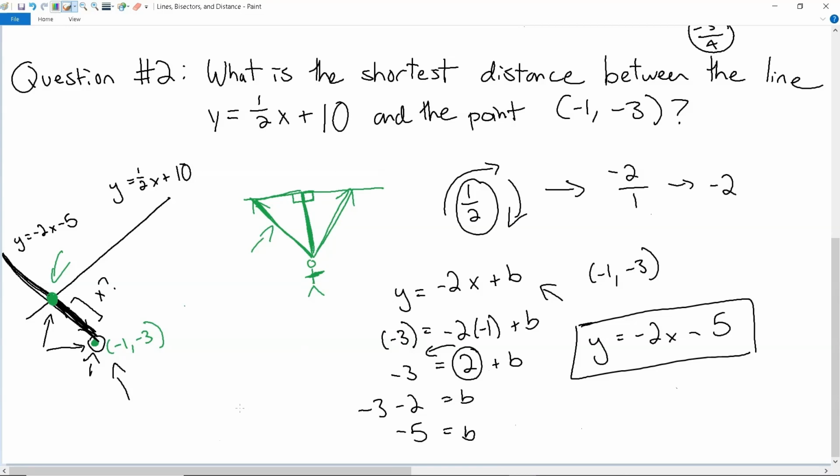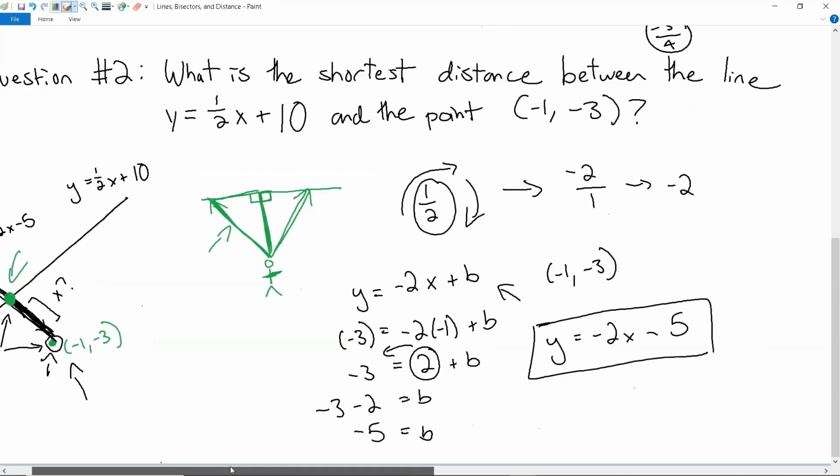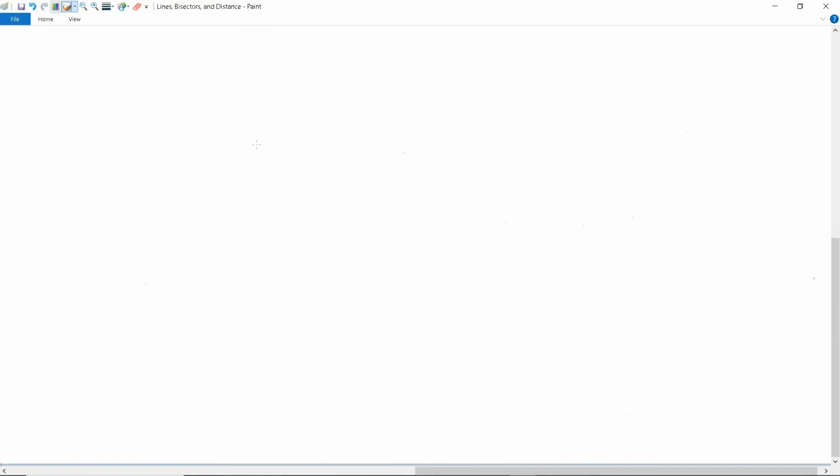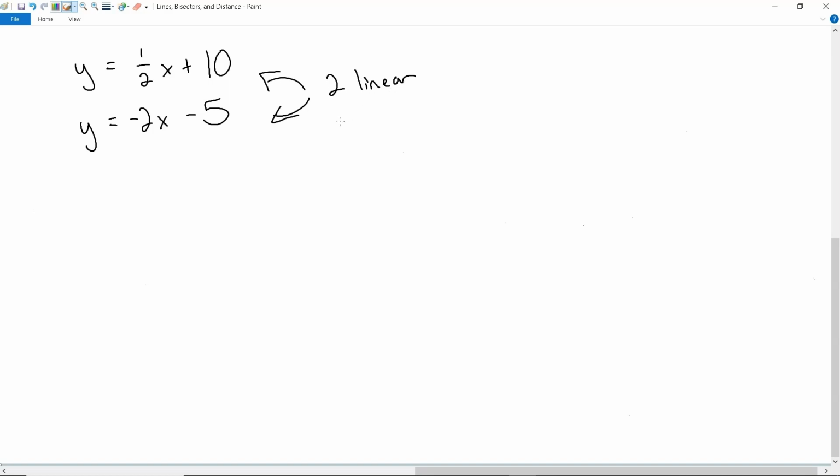Now, the way we're going to solve for that is we need to solve a system of linear equations. Let me rewrite those equations here. Okay. And when we have two linear equations, we have a couple of options when solving for where they intersect each other.